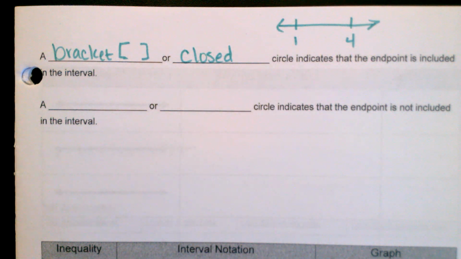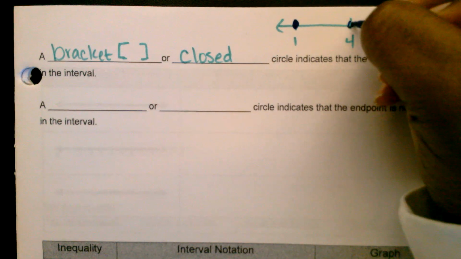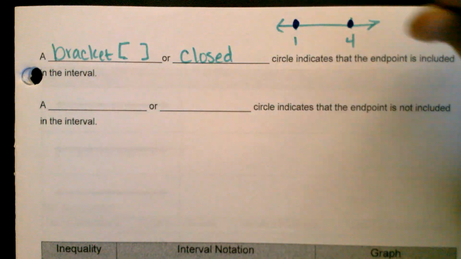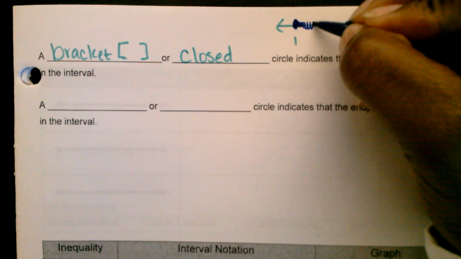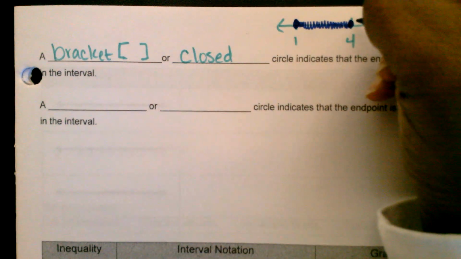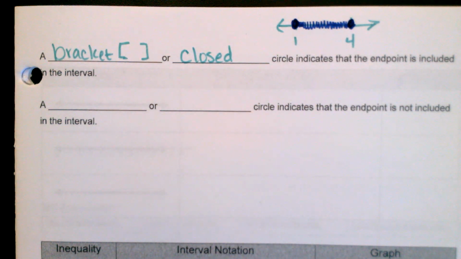So I'm going to have a closed circle at 1 and 4, meaning those two are included in that group of numbers that I want, and then I'm just going to shade in between the two. So closed circles and then shade. Okay?